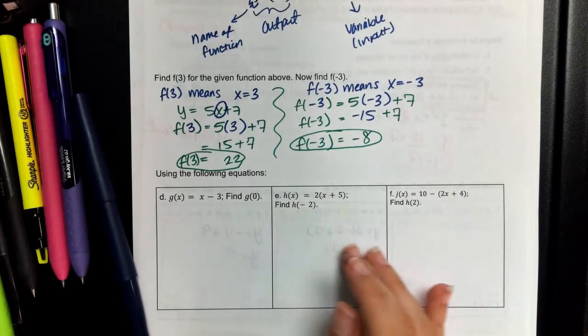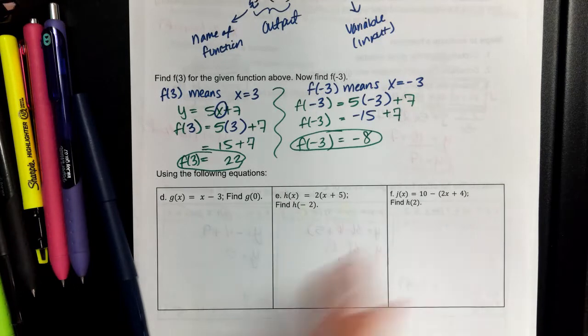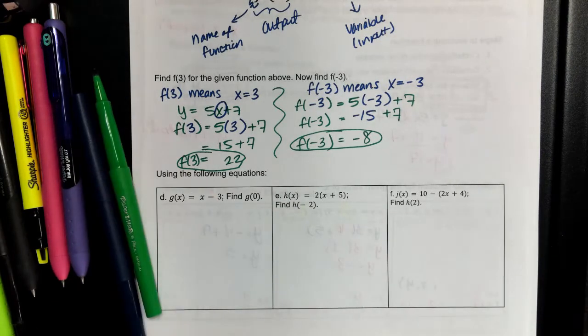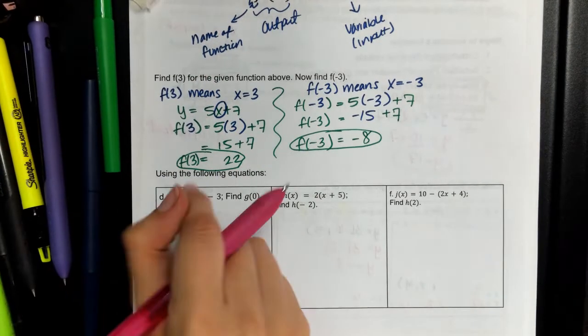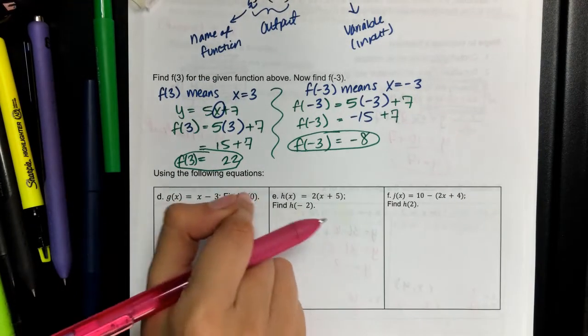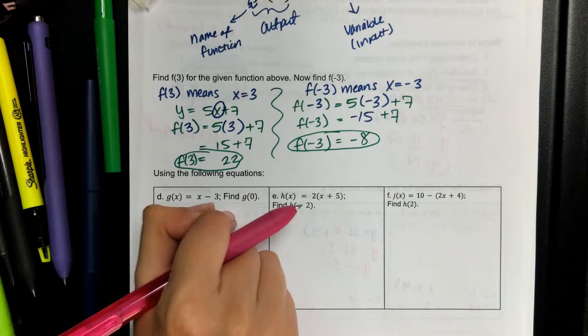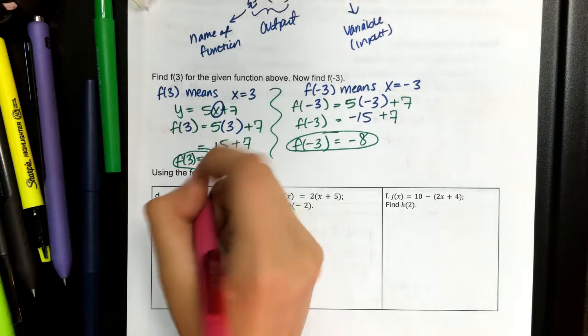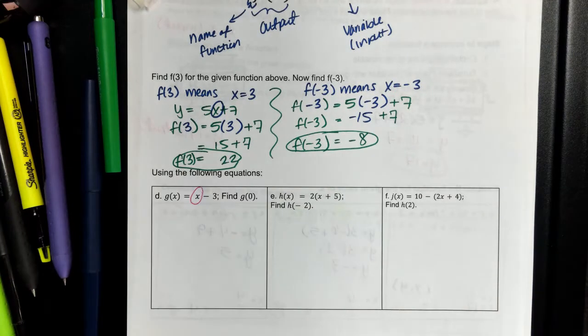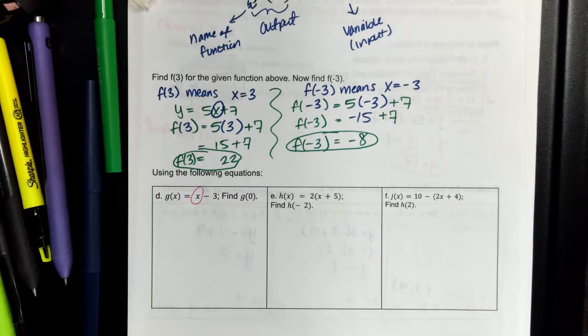Now these will be ones you practice on your own in class. So we can go through these relatively quickly. We have g of x, which is still the same thing. This still means y equals x minus 3, except now our function is named g. Find g of 0. So first step, circle the given one, and we're going to replace all my x's.